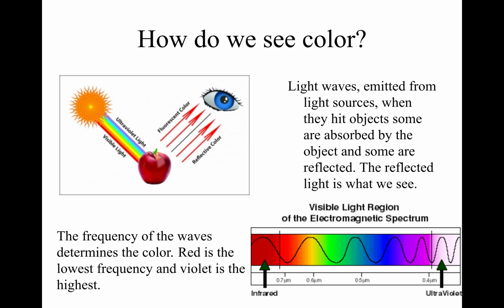The frequency of the wave that gets bounced back into our eye is what's translated into color. It's a perception that happens entirely inside of our brain. Our eyes are receptors that pick up these different frequencies, but it is our brain that interprets them into different colors.